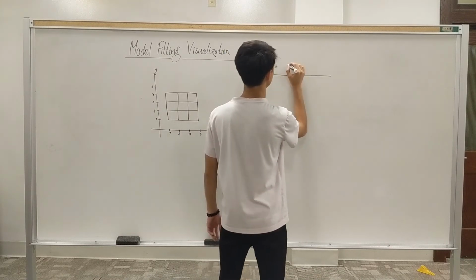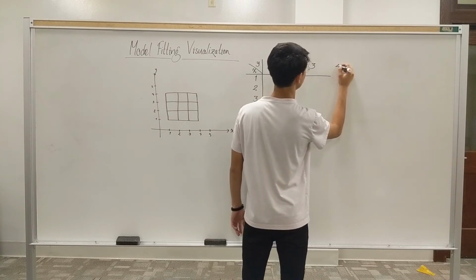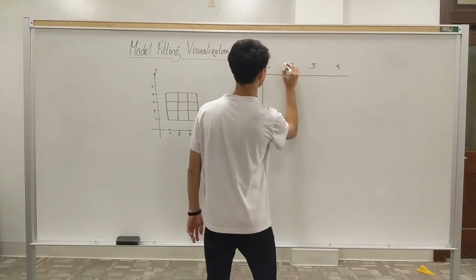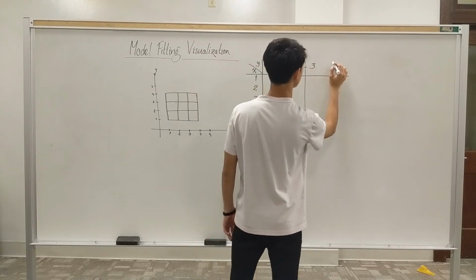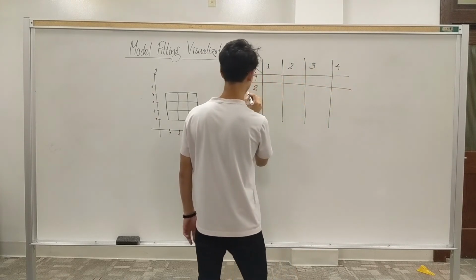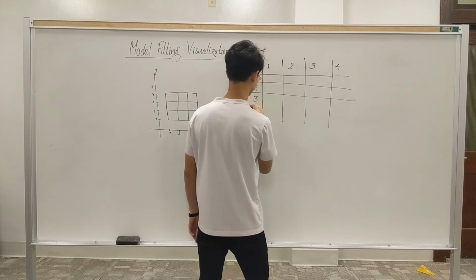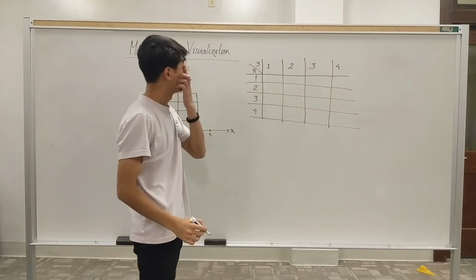So that's 1, 2, 3, and 4. All right. So we have this table.